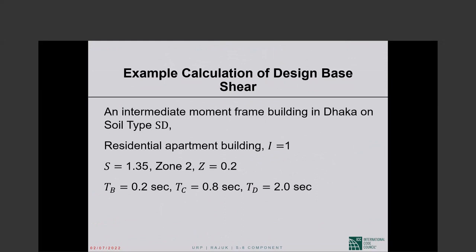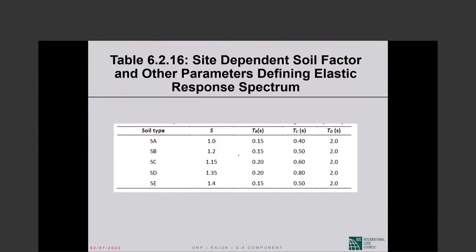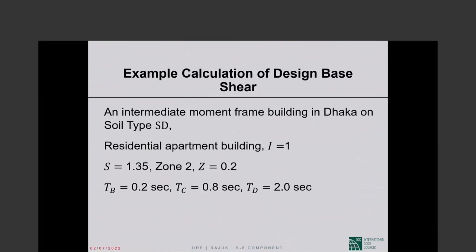We will run some numbers. I think this is the best way to get anything across. An intermediate moment frame building in Dhaka on soil type SD, a residential apartment building, so I is equal to 1. S is 1.35 for SD soil. Dhaka is in zone 2, where Z is 0.2.